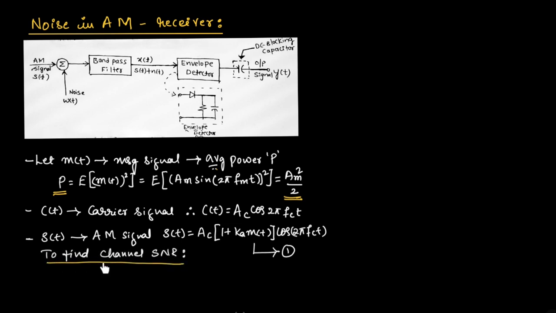Then to find the signal to noise ratio, let me take the average power of the AM modulated signal. Here it is the same as we calculated the average power of the message signal. Here also E of s of t the whole square.